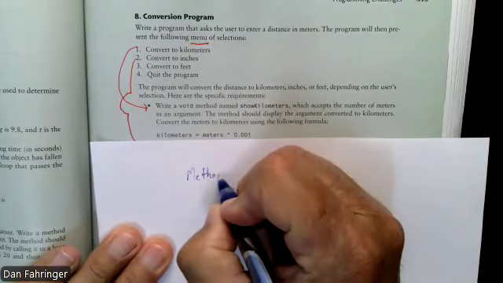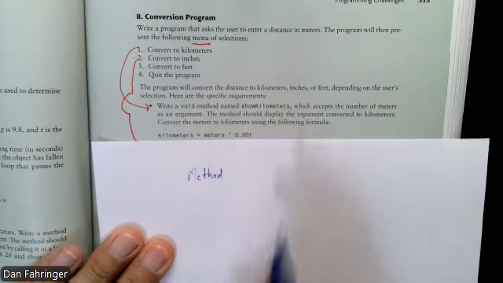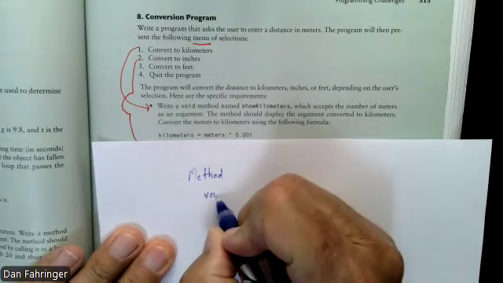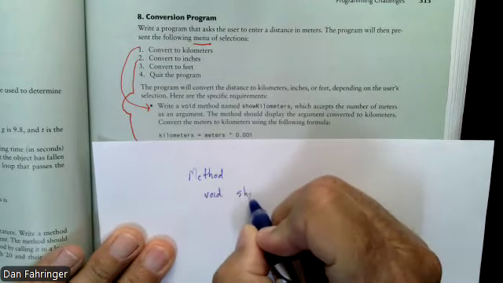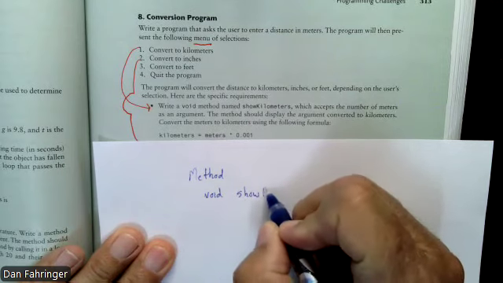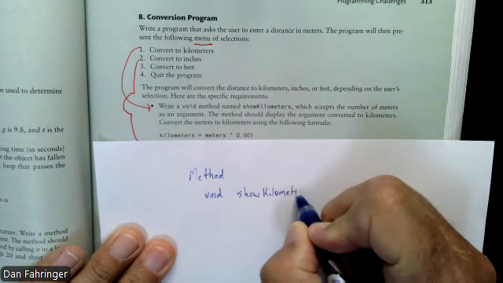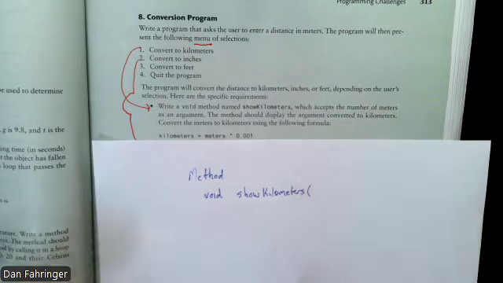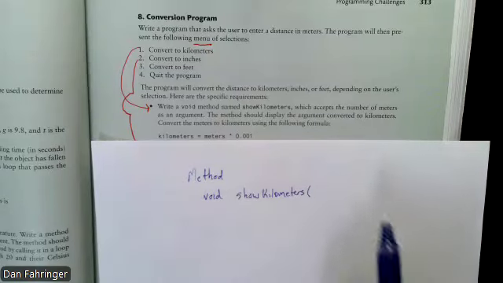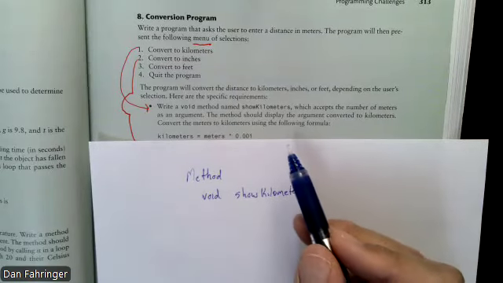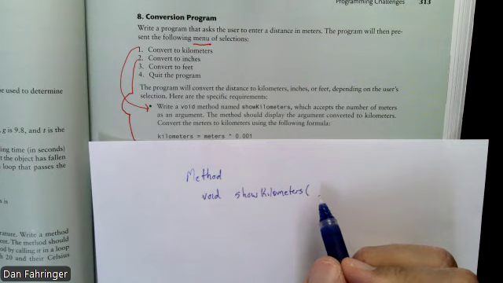Making notes. Method. I have one called show, it's a void. Show kilometers. And do I have anything that would be an argument that gets passed down to a parameter? Do I have any input here?